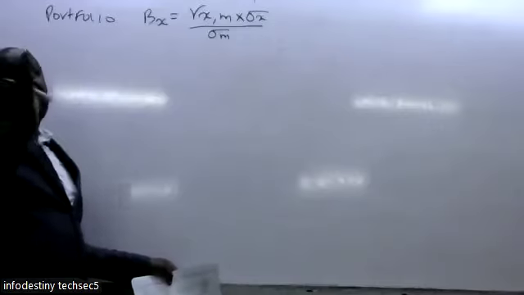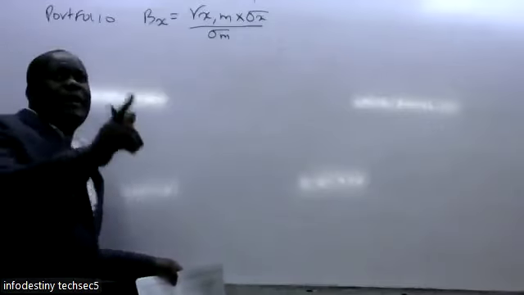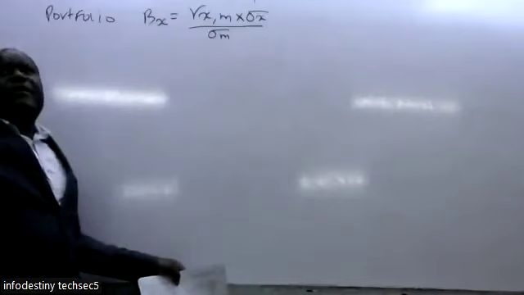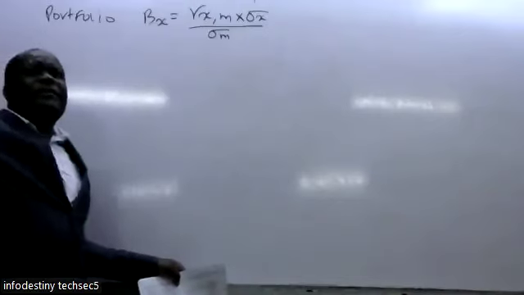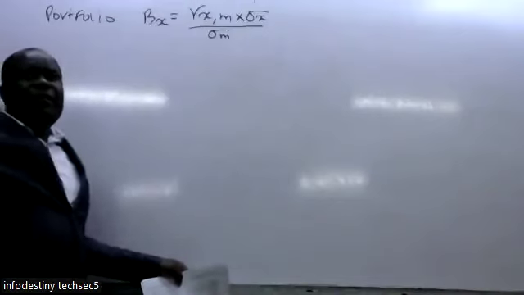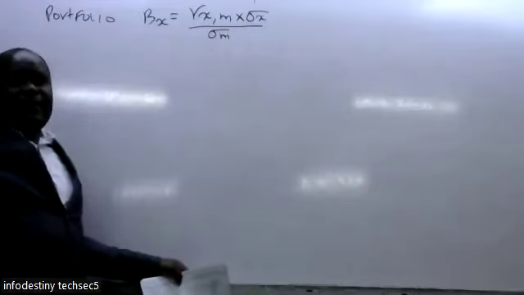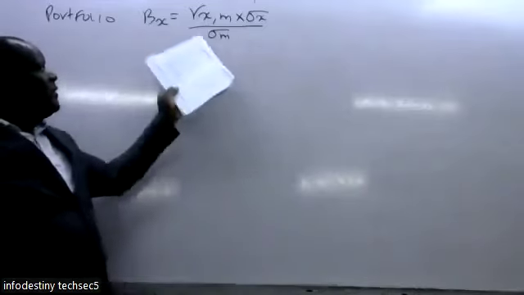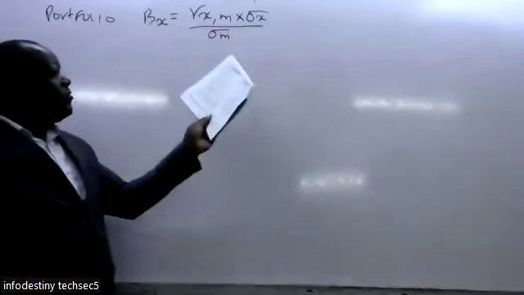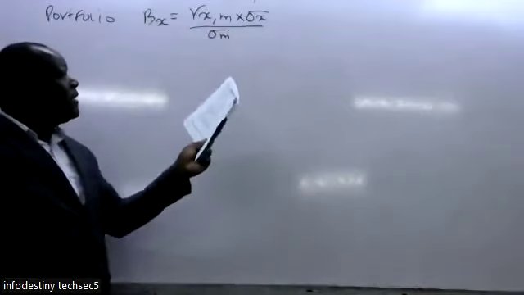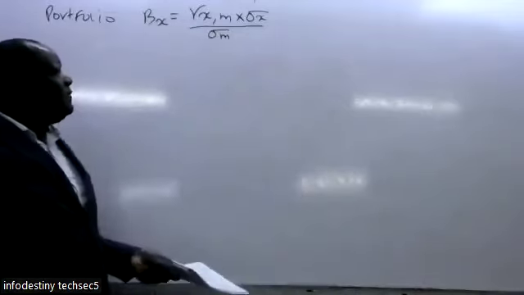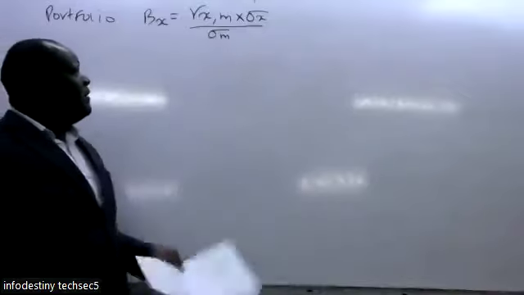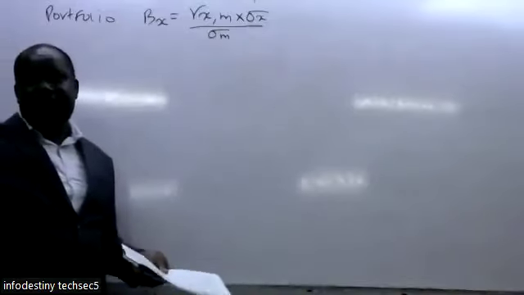So we shall simply be taking the correlation coefficient between each project and the market, then the standard deviation for the project, then divide by the standard deviation for the market.